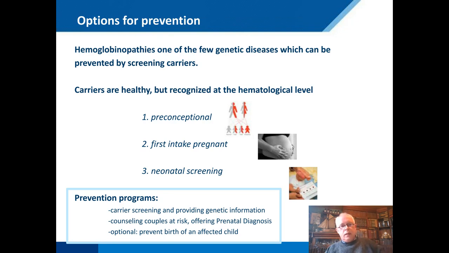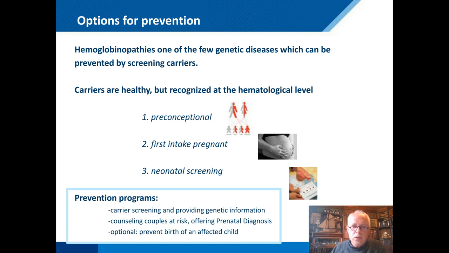Carriers can be counseled preconceptionally. That is the best method to do, or the best moment, but it can also be done at the first intake at pregnancy, like is done in the United Kingdom. And a third option is neonatal screening, but of course the baby is already born and sickle cell disease is already found.